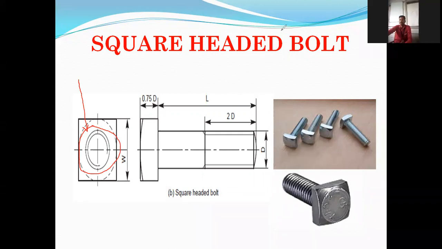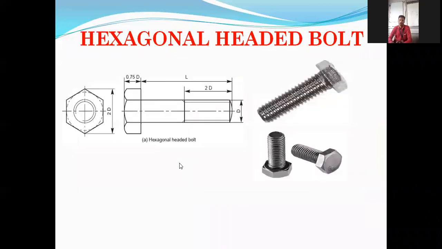So are you observing that? In the case of both square-headed bolt and hexagonal-headed bolt, the external circle is complete. You can zoom on your mobile and check whether that external circle is complete. So, square and hexagonal.